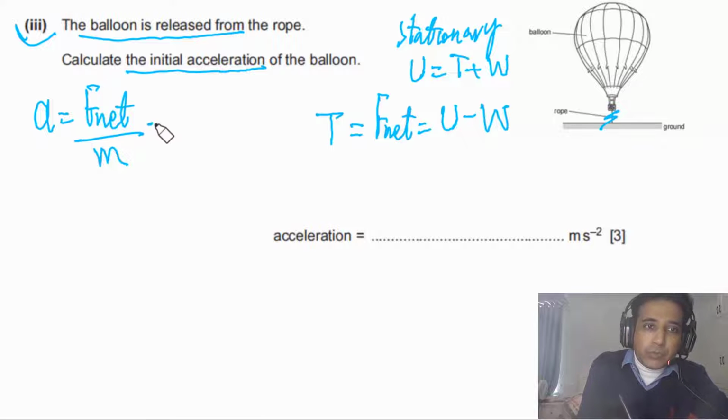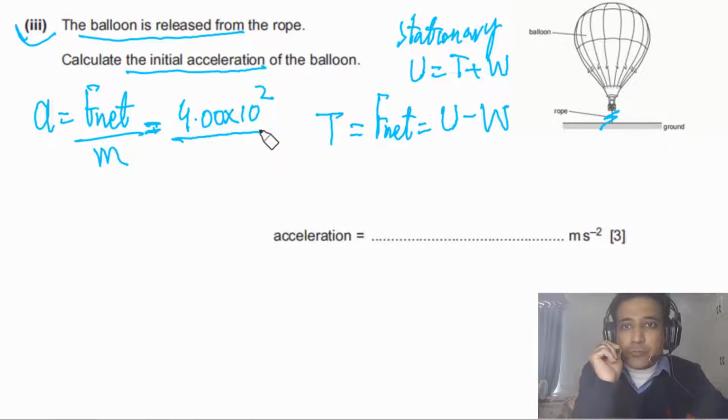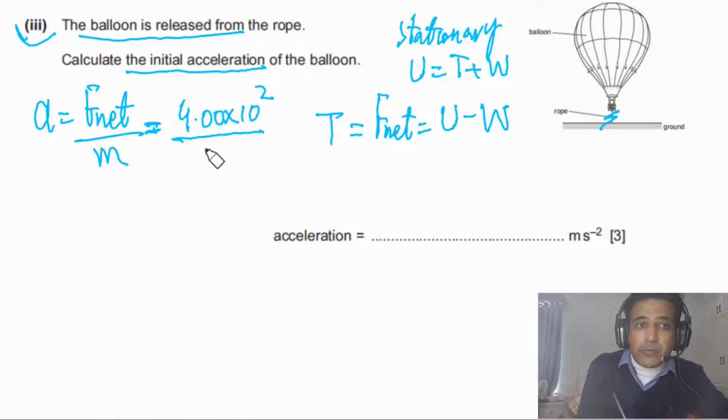So simply we need to plug in the value of T here. That is F net, and the value of T is given to us in the previous part, that is 4.00 times 10 to 2, and we need to divide by the mass of the balloon, but we have the weight of the balloon, so W divided by g is the mass of the balloon.